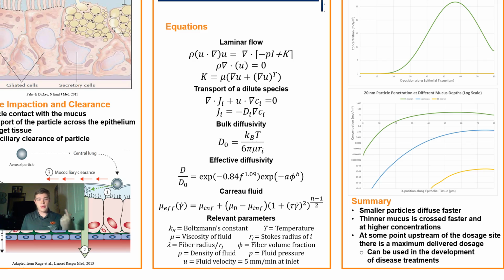And that is, one, its hydrodynamic term, which is the actual fluid forces that are acting on a particle as it attempts to move through the mucus. And then also a steric hindrance term, and that is where that network of glycoproteins that the particle could physically bump into is going to come into play. How is it going to be able to navigate this network and eventually reach the tissue below?